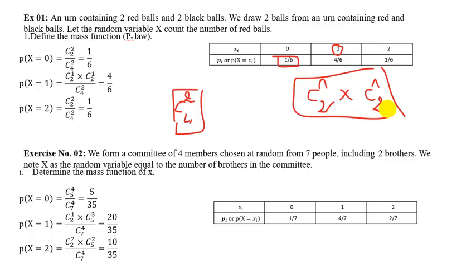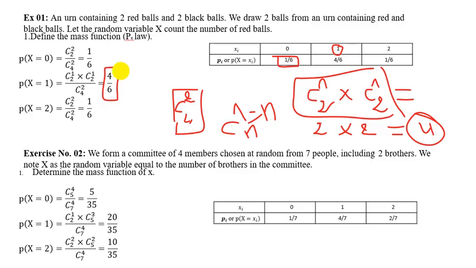Either the first is red and the second is black, or the first is black and the second is red. It doesn't change anything, so it is counted as only one way. So this is the number of ways of getting one red ball. We know that C(n,1) is n, so here we get 2 times 2, which is 4/6.